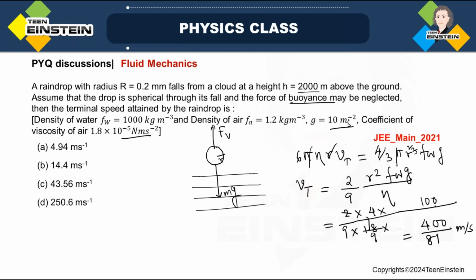Okay, so if you do the calculations, 400 by 81, so it will go with 4, 6.